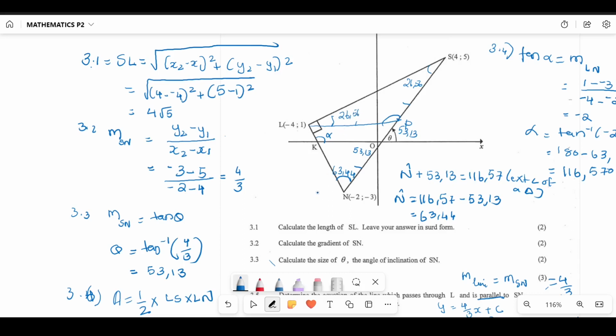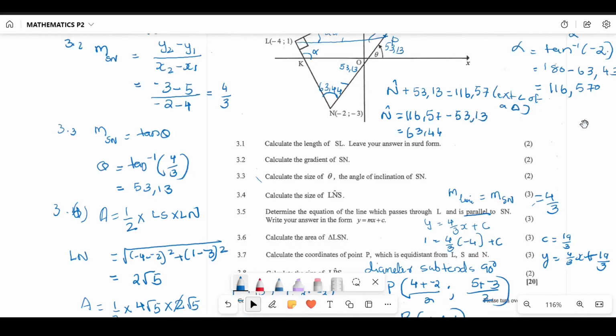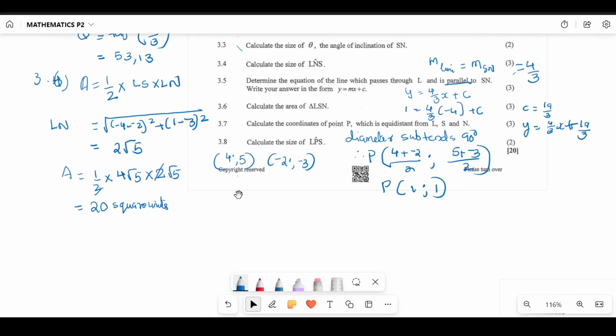So we start by saying PL equal to PS. For 3.8, PL equal to PS, radii.